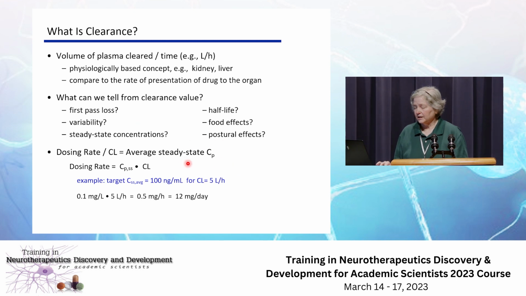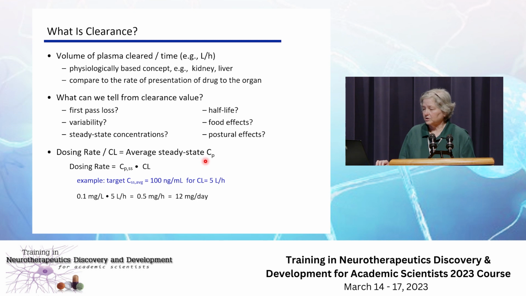But early on in drug discovery and development, if you have an idea of what steady-state plasma concentration you need, and you can actually set this to be your IC50 as just a place to start to look at different compounds: what is the concentration that you want to target? What is your clearance value? You can have either a clearance value from in vivo data, or a scaled clearance value from microsomal stability.